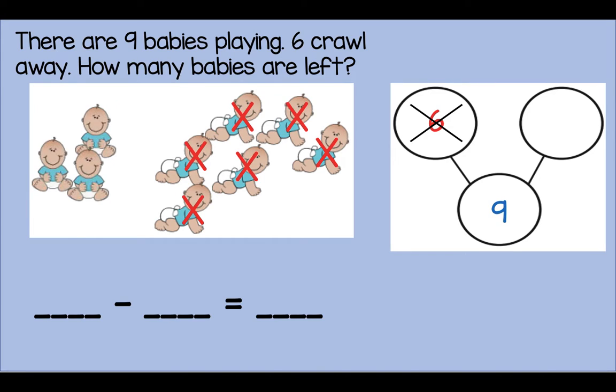So our whole was 9. And then our takeaway part was, you got it, 6. So I've got 9 minus 6. And then to find what's left, I'm going to count those. I've got 1, 2, 3. So I'm filling out 3 in the other part, my part that's left. And then 9 minus 6 equals 3.